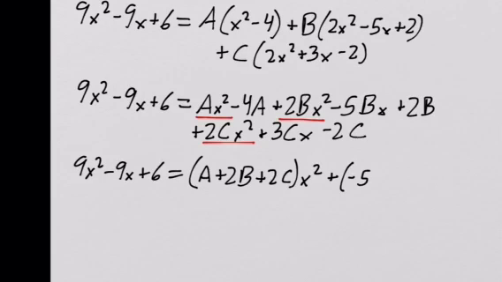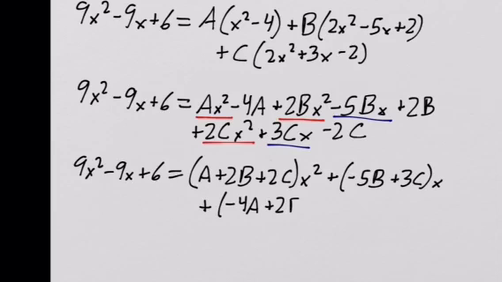Do the same thing for the terms containing x. So I have negative 5B plus 3C times x, and then plus negative 4A plus 2B minus 2C.